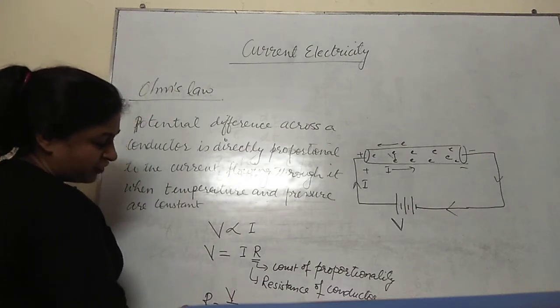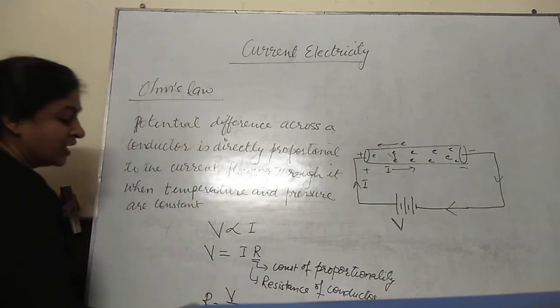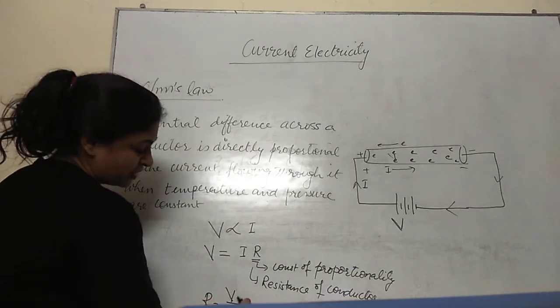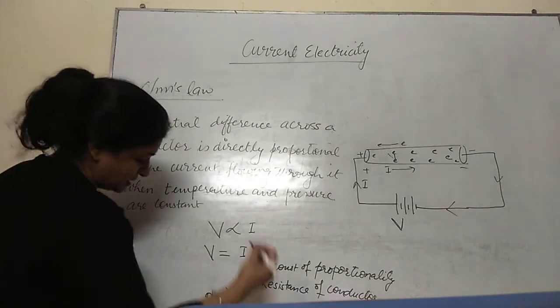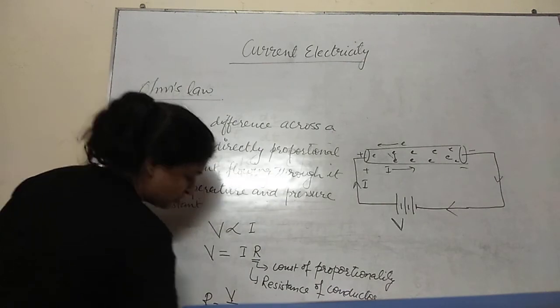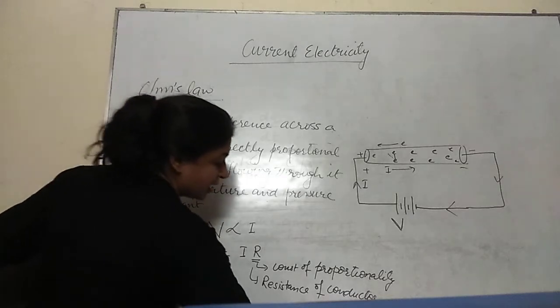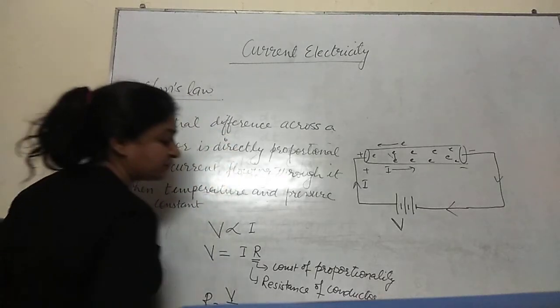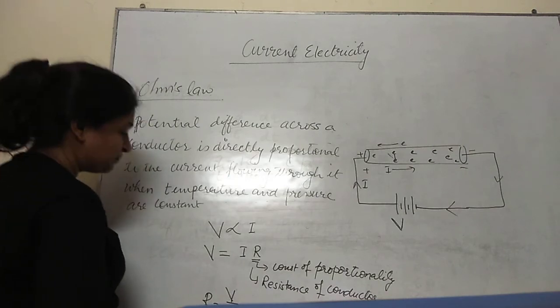This is constant for a particular piece of material. So resistance is the ratio of the potential difference and the current flowing through the conductor. What are the units of resistance? Units are ohm, and the symbol for ohm is this.